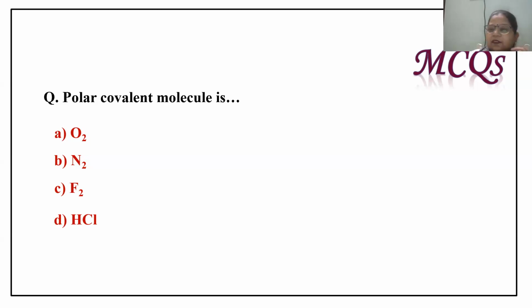Okay, this one should be very easy. Polar covalent bond, no calculation, nothing. Yeah, Ritika, what's the answer? Let's solve it then, if you feel it's that difficult. Electronegativity, just think about it.